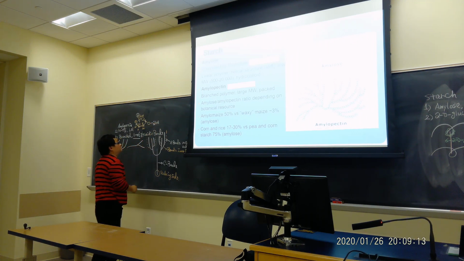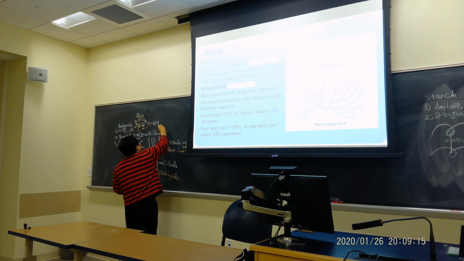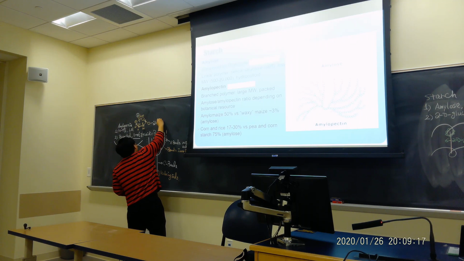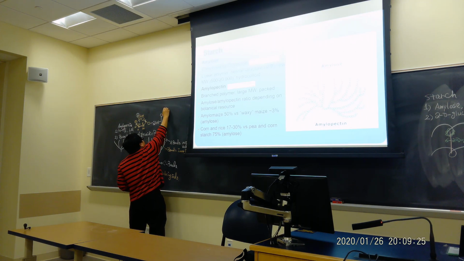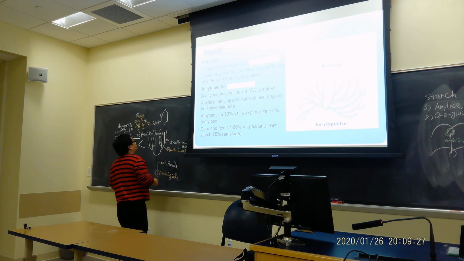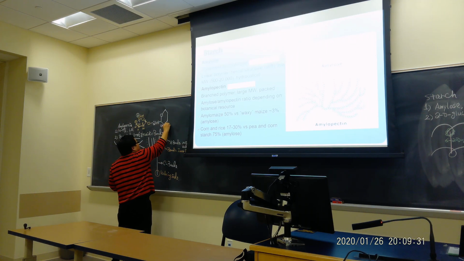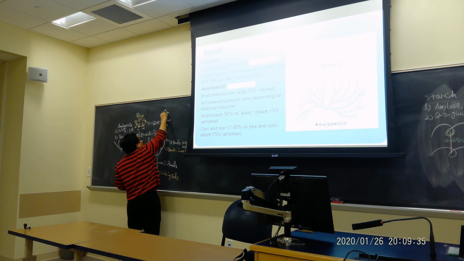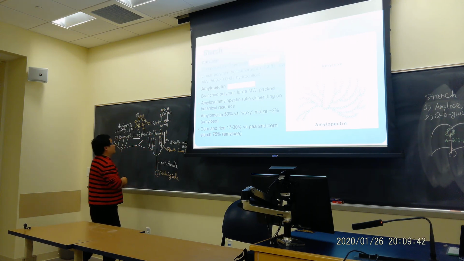This is carbon number 6. So that means you have to draw it kind of like this. Okay, so you see OH, H, OH, H, then H, OH, and then H, OH. There has to be a little bit of an angle there.